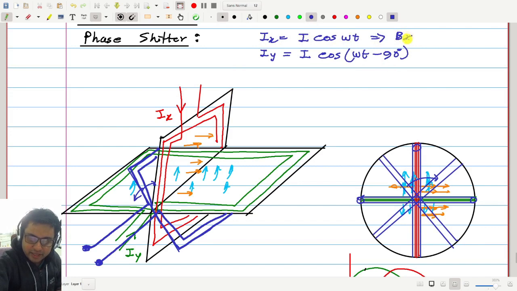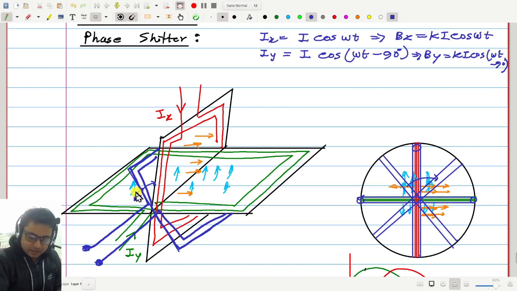So Bx equals K I cosine omega t, and By equals K I cosine of omega t minus 90 degrees. Now suppose this angle is theta, the angle of the blue coil with respect to the horizontal, and suppose the area of the blue coil, this rectangular area, is A. How much of By is going through this coil?